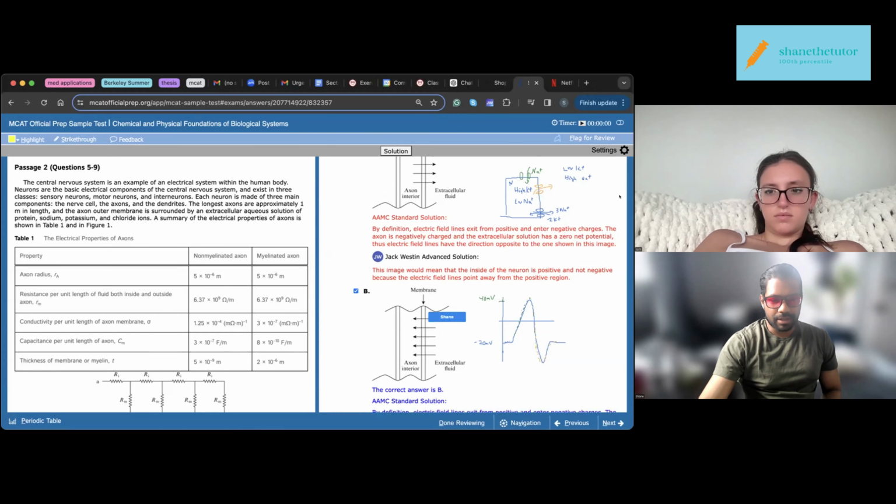Wait, but be careful there, because remember when we talked about ions? Yeah, that they could all be different sizes. I forgot. So what type of ions would be smaller and what type of ions would be larger? Charged. Losing the electrons would make it smaller, right?